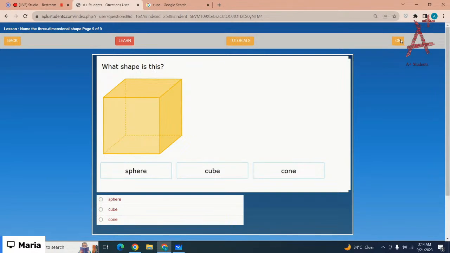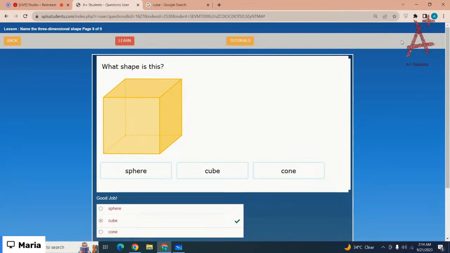What shape is this? Which is the correct option? Yes, that is a cube. The correct option is cube, right? Okay, we are done with the lesson.